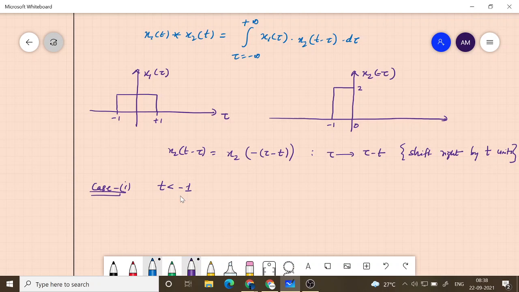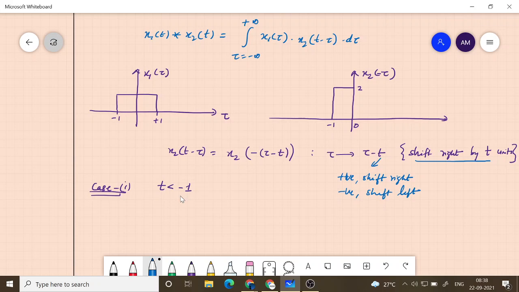See, t negative means I have to shift it to the left. If t is positive, then shift right; negative t means shift left. Here I have written shift right by t units, assuming that t is positive. If it is negative, you have to shift left.